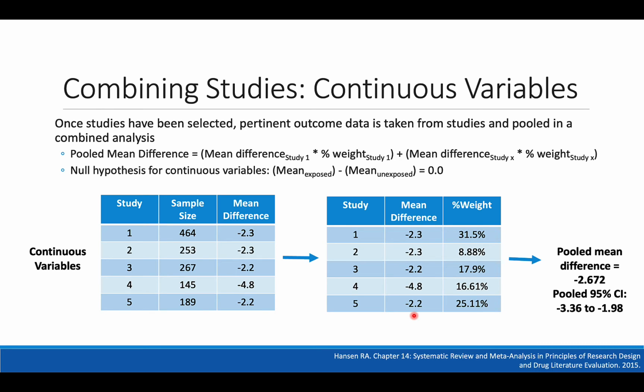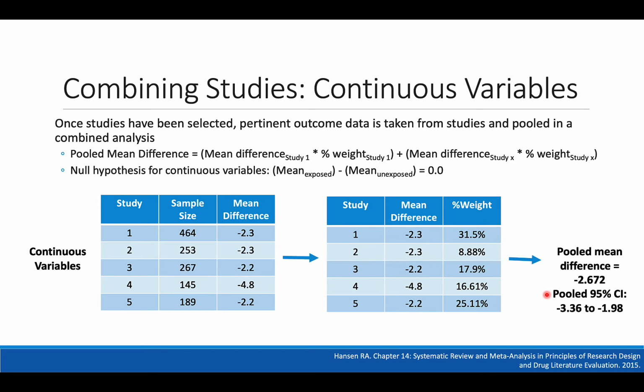studies. Again, we transform our studies into a format in which we weight each of the studies by a particular factor, whether it's sample size or the inverse of variance or what have you, and then we perform our equation up here, and we have a pooled mean difference of negative 2.672.